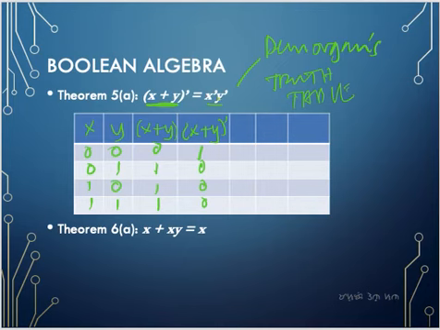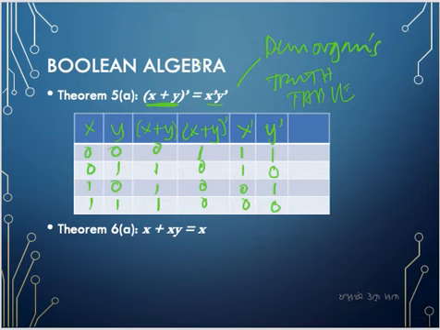Yun na. Solve na ako dito. Pagdating naman dito, I have here x prime, tapos y prime. X prime, that is simply i-inverse ko yung input. So, this will become 1, 1, 0, 0. 0 magiging 1, 0 magiging 1, yung 1 magiging 0, yung 1 magiging 0. Pagdating naman dito, that will become 1, 0, 1, 0.